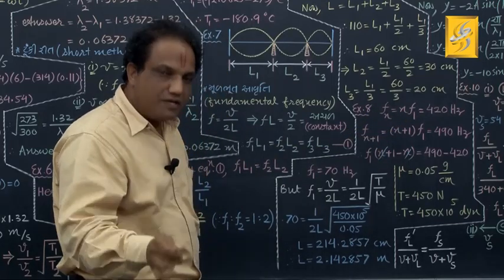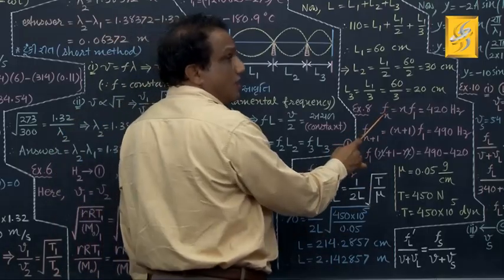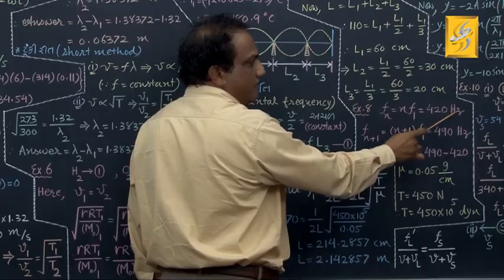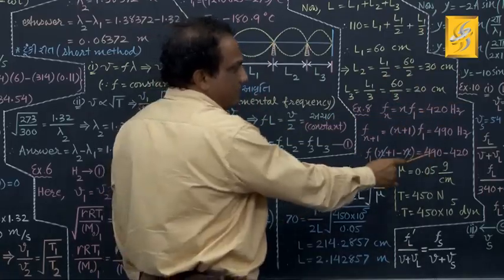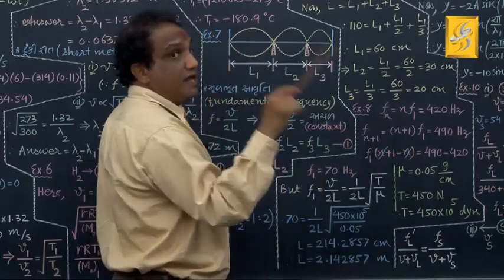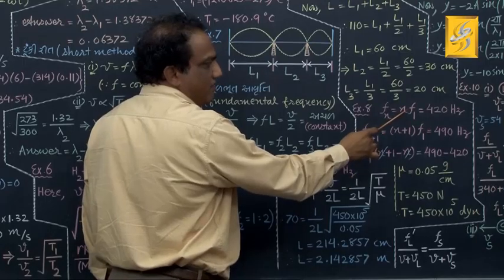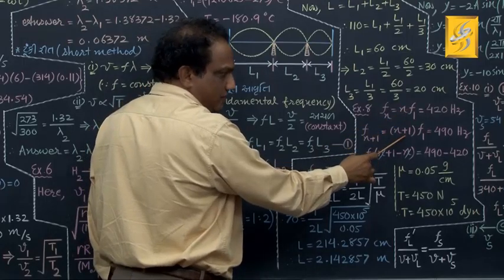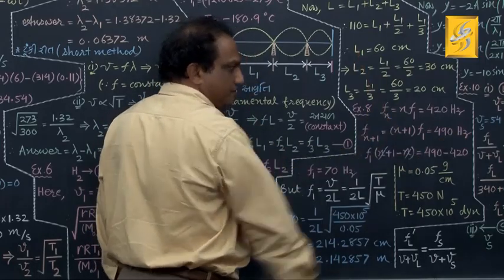For that particular harmonic they have given 420 hertz, and immediately after that the next harmonic they have given as 490 hertz. But after nth it will be n plus 1th, so instead of n I should write n plus 1. And that next harmonic they have given 490 hertz.